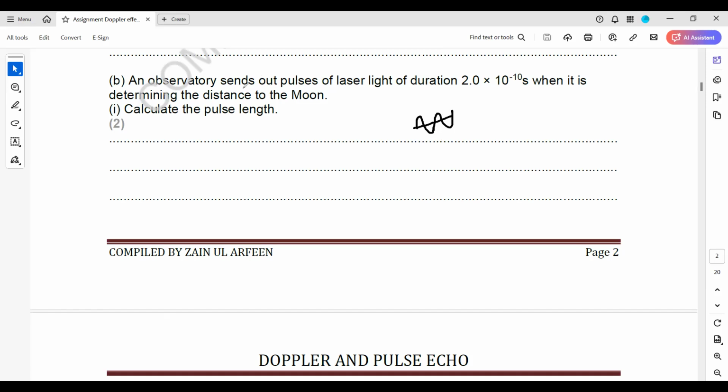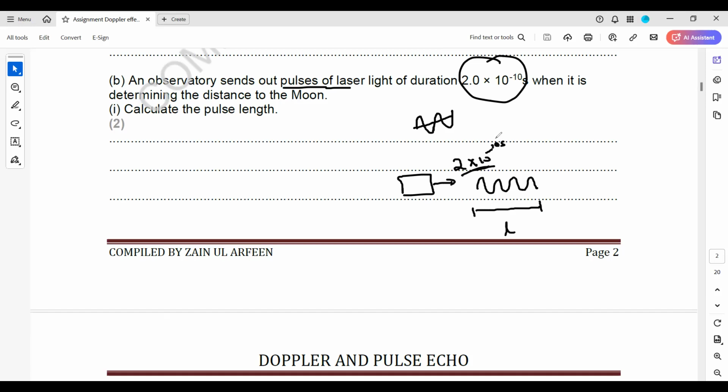So an observatory sends out a pulse of laser light of a given duration, meaning the laser was switched on for 2 times 10 to the power minus 10 seconds. We just need velocity times time. The laser was switched on for this much time to produce a pulse. We want to determine the length of the pulse produced. How do we know this?